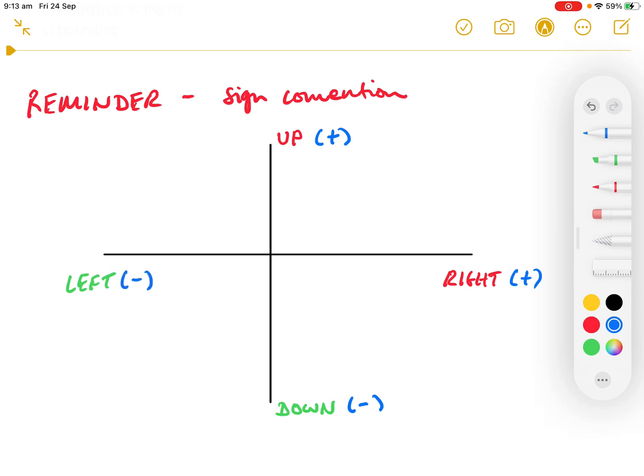That right-left vector sign convention becomes quite important in momentum and collisions, where the body could be going right, could be going left, as you'll see when you study that section. Okay, so throughout this then, remember the vector sign convention, mainly the up-down aspect of it in this case.